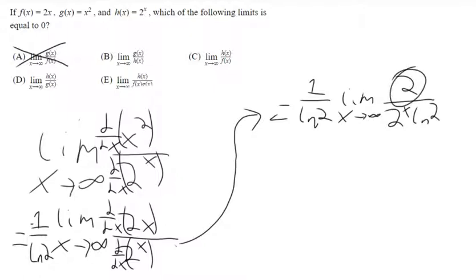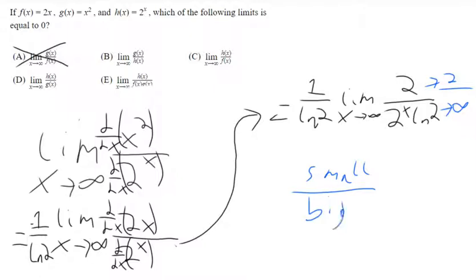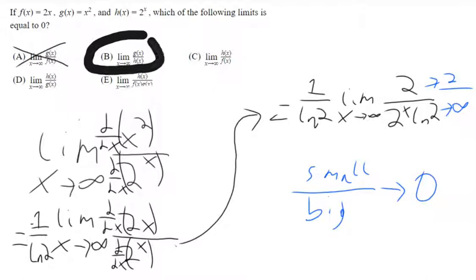Well, 2 is just 2. And the 2 to the x right here, as x goes to infinity, this is going to infinity. So basically, we have what is commonly known as small, namely 2, over big, namely infinity. And we know that small over big goes to 0. So we know that this limit goes to 0. So we know that B is the correct answer choice.